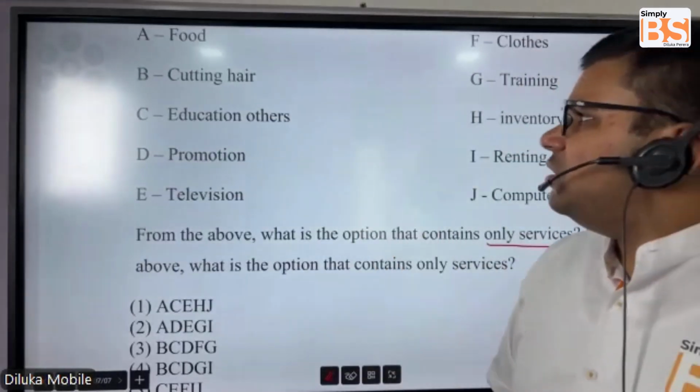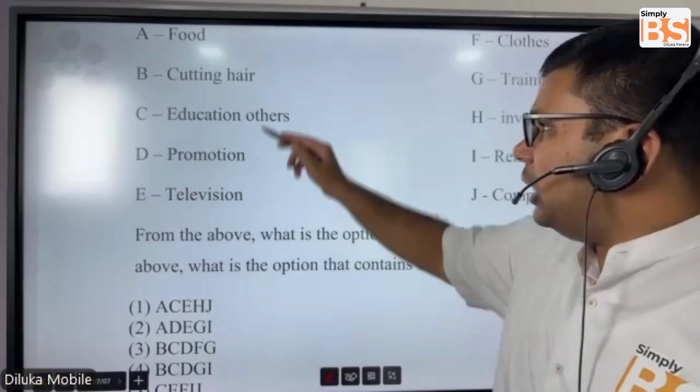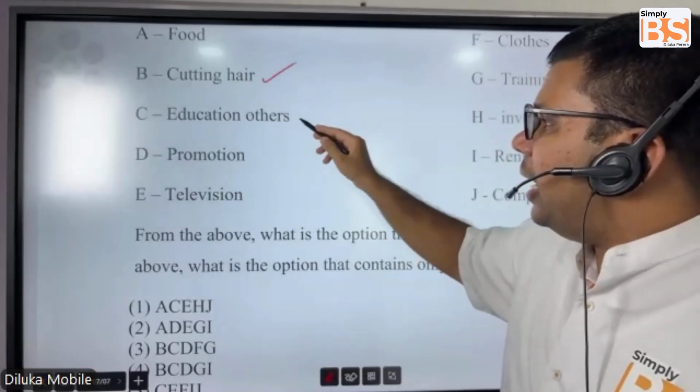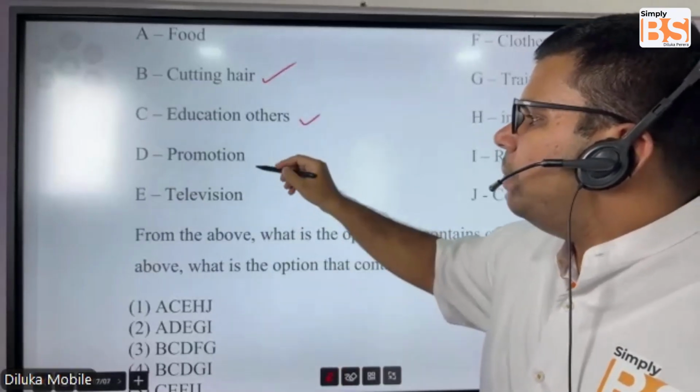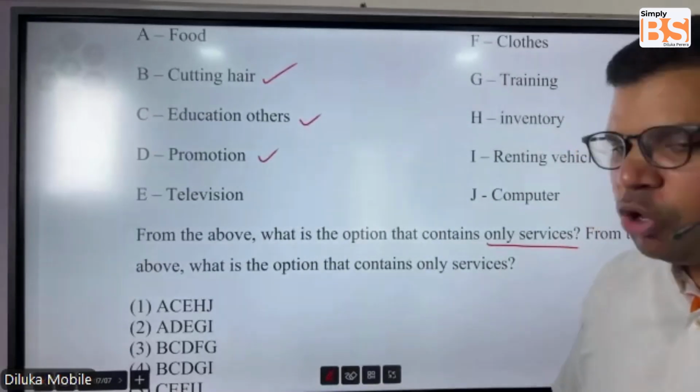Food is not a service, it's a good. Cutting hair, it's a service. Educating others, it's a service. Promotion, it's a service. What do you mean by promotion, students?